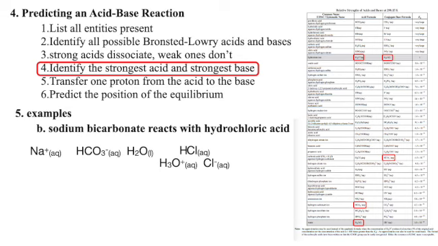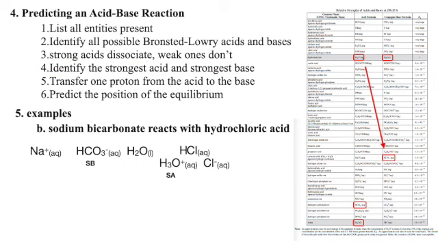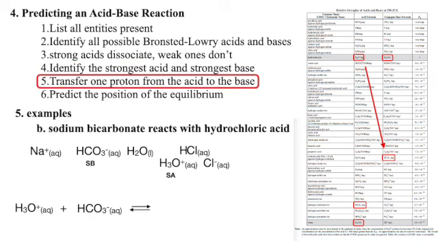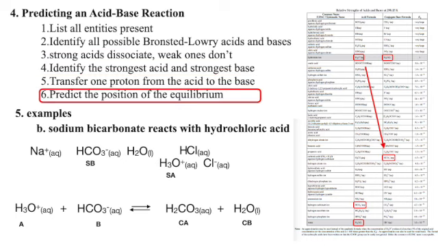So that is my strongest acid. H3O positive is my strongest acid. HCO3 negative is my strongest base. Okay, and now I just write my reaction. Take my strongest acid plus my strongest base, transfer a proton, and I get H2CO3 and H2O. Acid is above the base, and so products are favored.